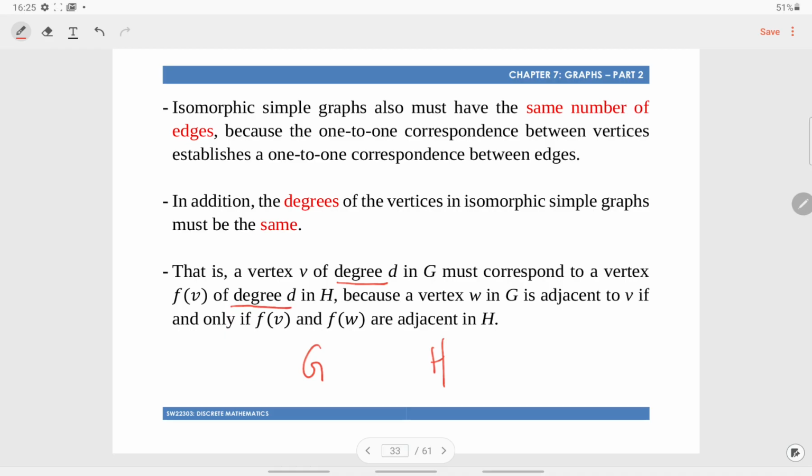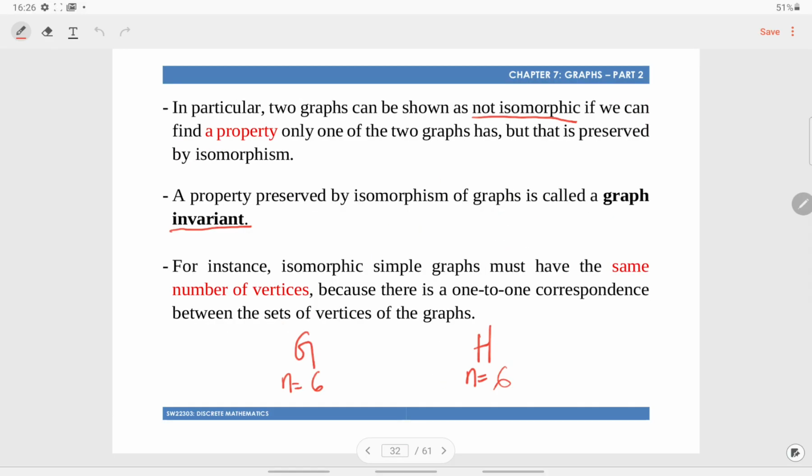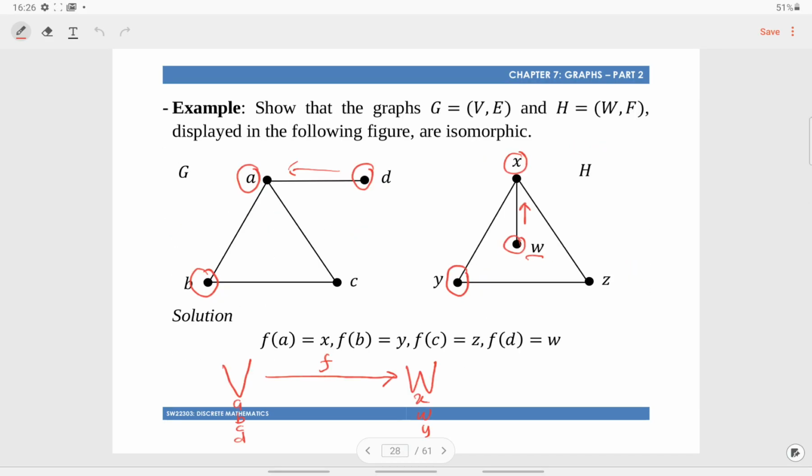In the previous example, we said vertex A corresponds to vertex X: vertex A in graph G, vertex X in graph H. When we check, the degree of vertex A is 3, not 2, because A is incident to B, C, and D. X is also incident to Y, W, and Z, so it is also 3.